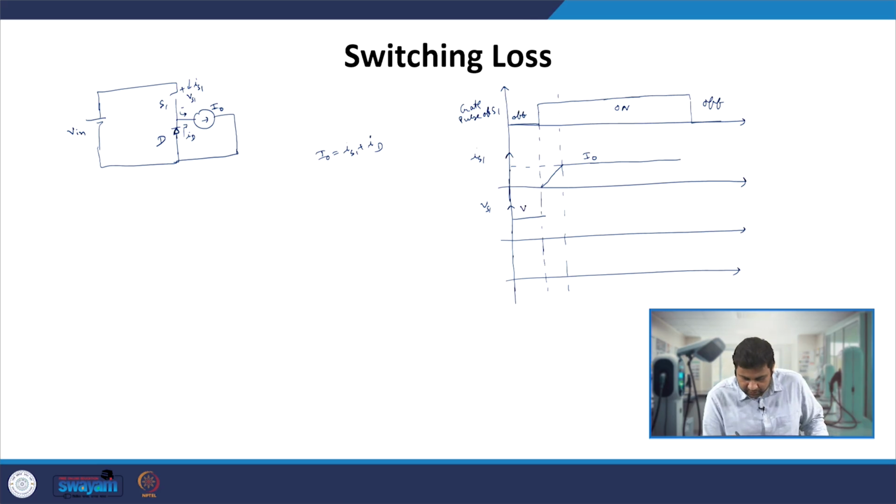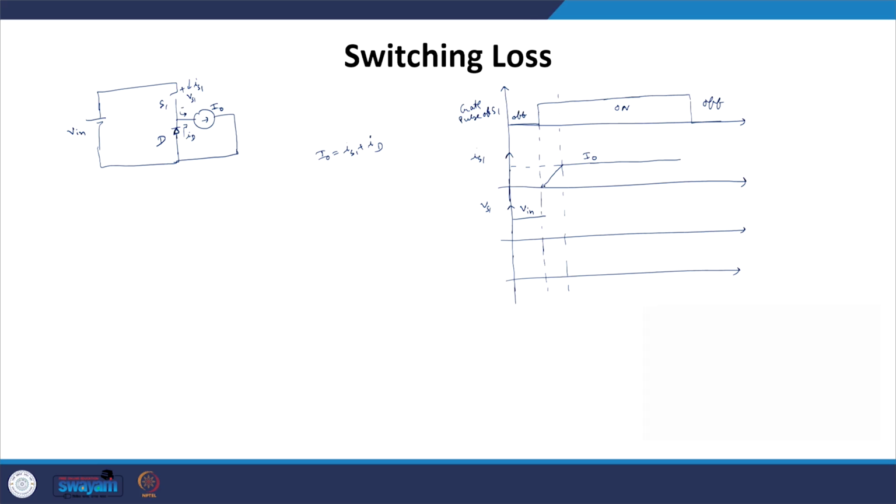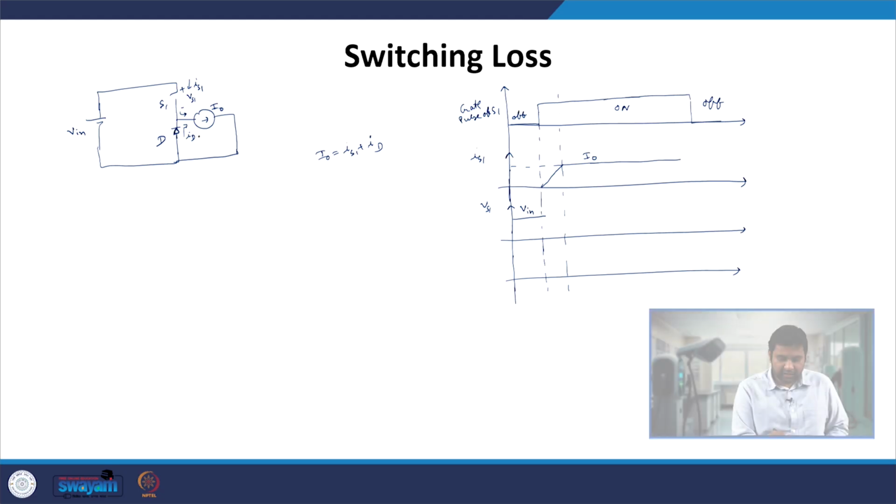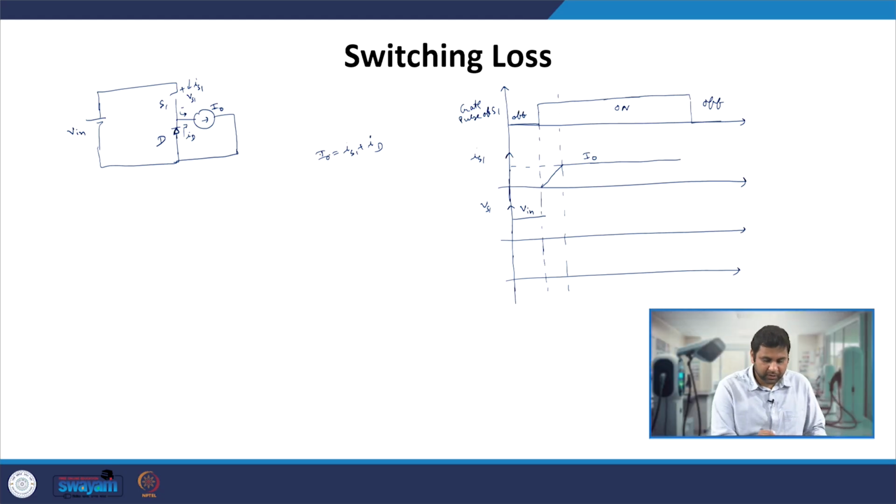So we had the voltage V in, and the moment you give the signal to turn on this S1 switch, the current slowly starts rising through S1, and some portion of the output current comes from the diode. Because the diode is forward biased, this point voltage is still held at 0 volt.